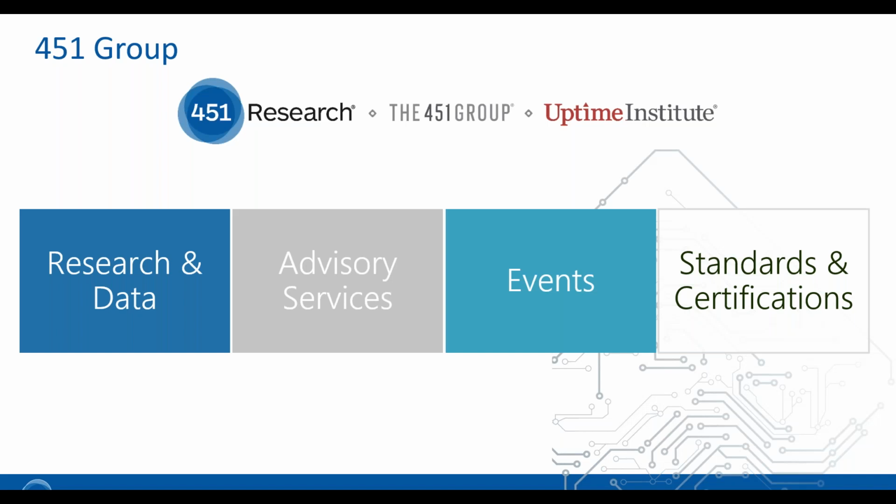Just a quick few words about 451 in case you don't know us. We are a technology market analyst firm with a focus on the change in IT, and especially a strong focus on the data center stack, all the way from physical infrastructure to cloud services and applications and AI. You will notice that Uptime Institute is part of our group.